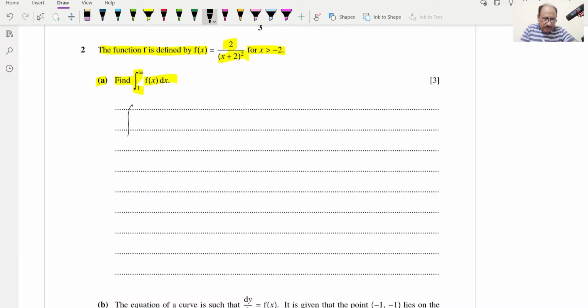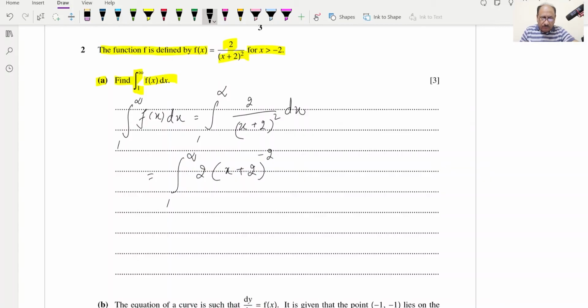So we integrate from 1 to infinity f of x dx, which is equal to the integral from 1 to infinity of 2 over (x plus 2) squared dx, and we can rewrite it as the integral from 1 to infinity of 2 into (x plus 2) raised to the power minus 2 dx.